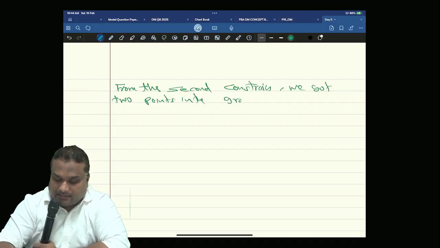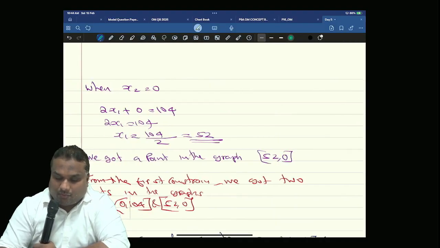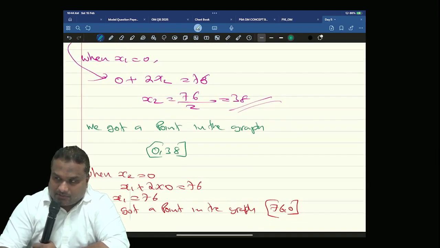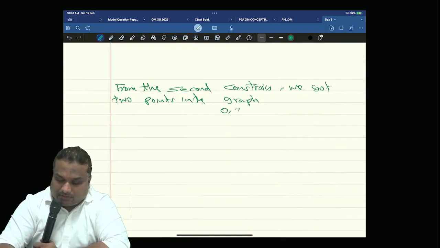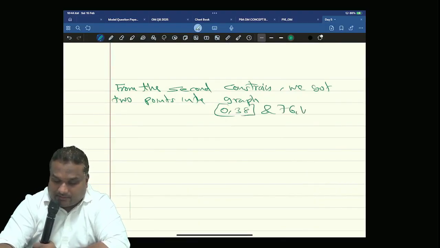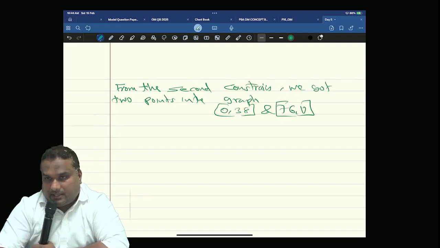From the second constraint, we got 2 points in the graph. What are the points? 0, 38, and 76, 0. Deal or no deal? Happy or unhappy?